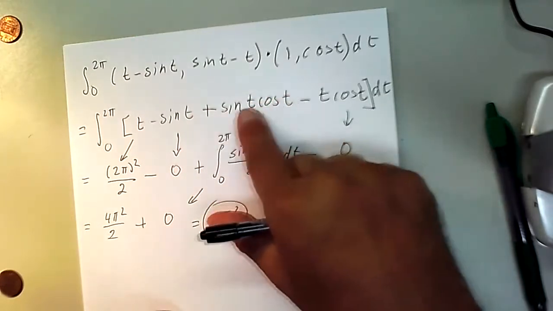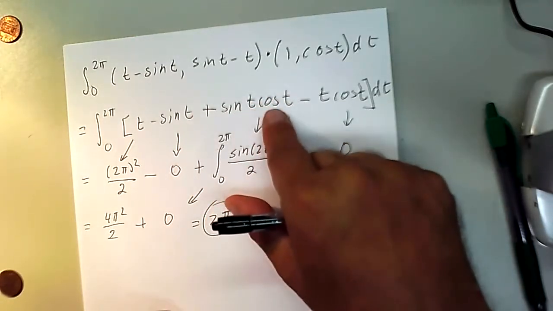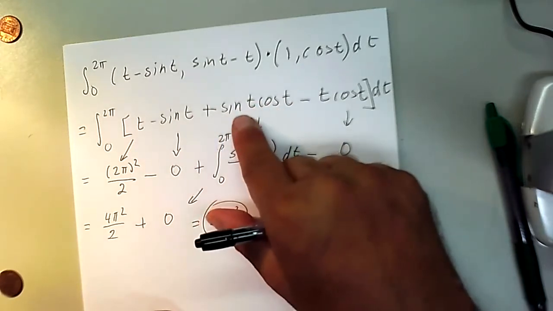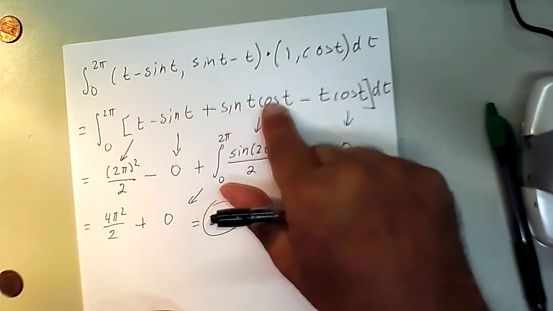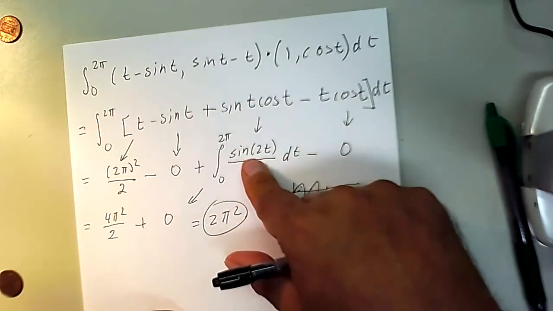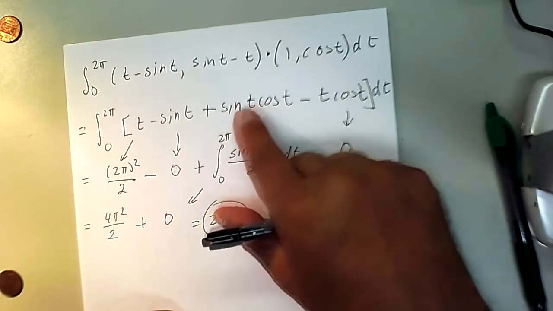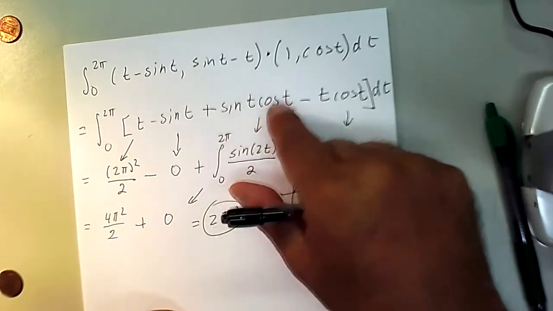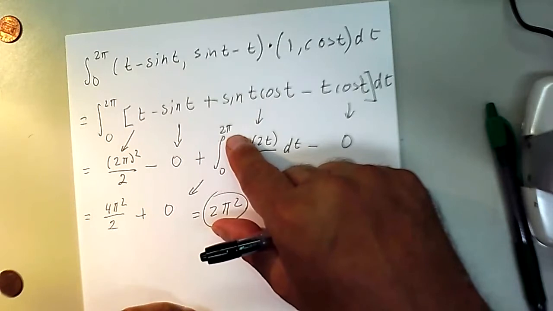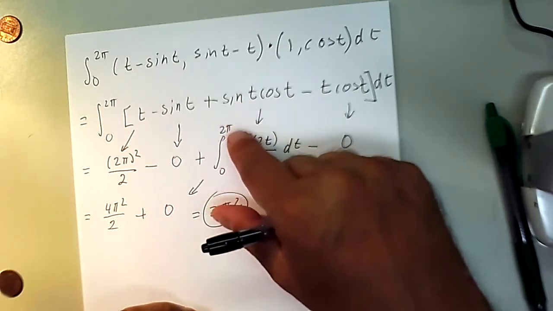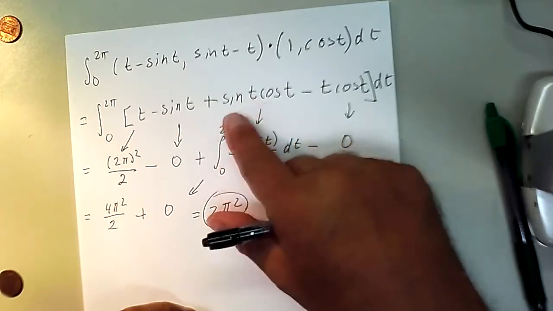Here, we can either do a change of variable because cosine is, after all, the derivative of sine. So if we did that, instead of this trigonometric identity, we would have u du, which is u squared over 2, but we're going to plug in sine of 2 pi as soon as we change the variable, which is going to be 0.